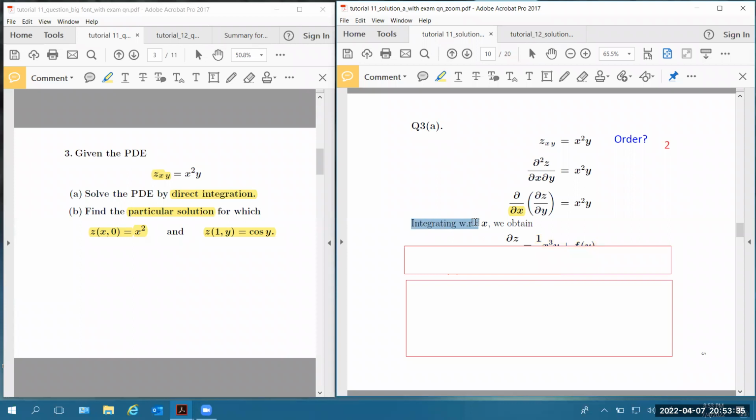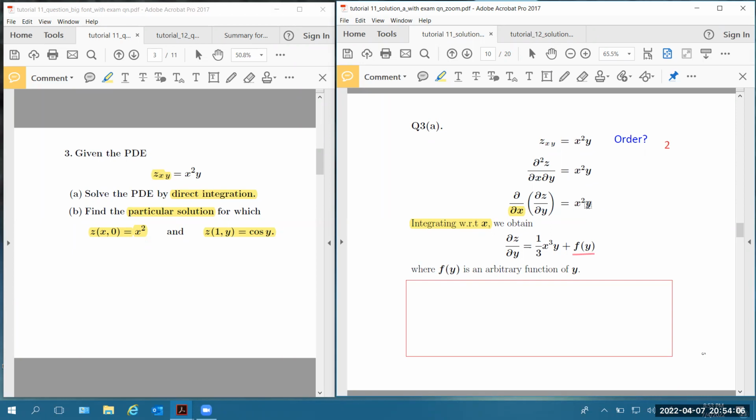When you integrate with respect to x, you are left with del z over del y on the left-hand side. And then here you have x squared y dx to integrate with respect to x. That means x is the variable, so y is constant.